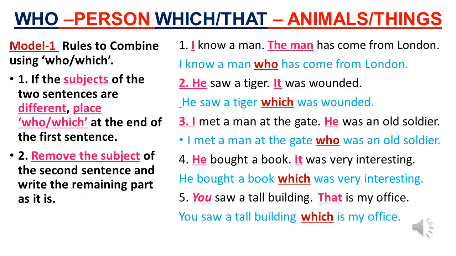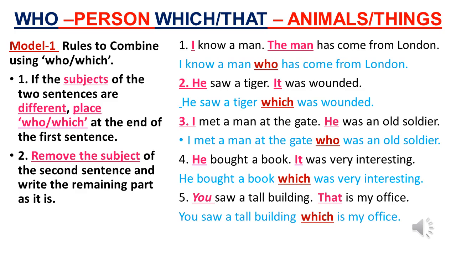Now, go to the second sentence. Remove the subject of the second sentence and place the remaining part next to the conjunction who or which. That's it. Now, let's have a look at the examples.